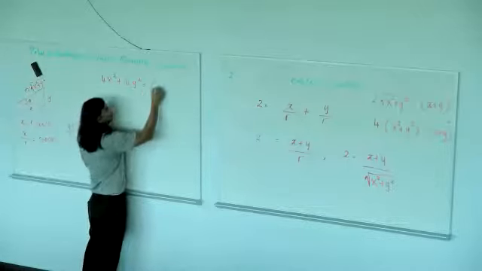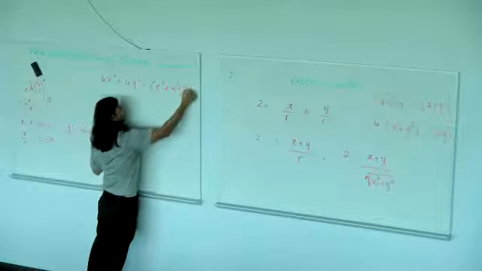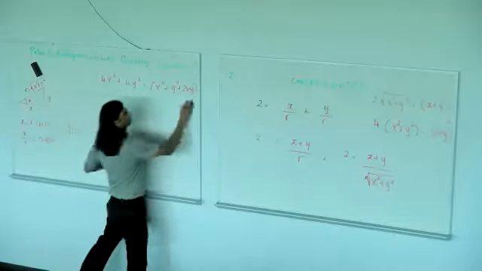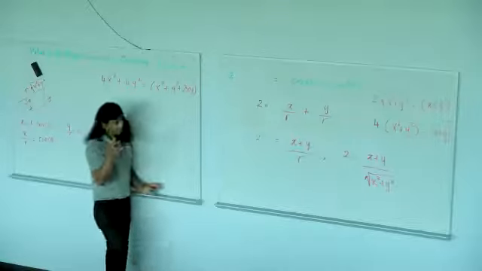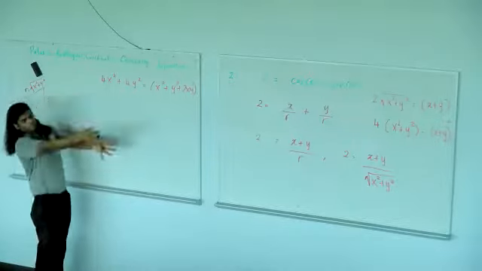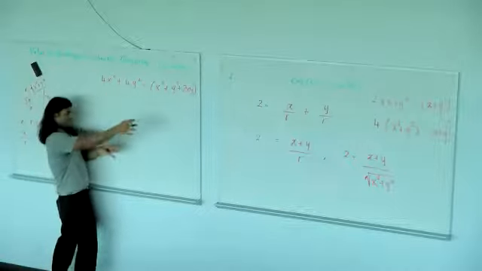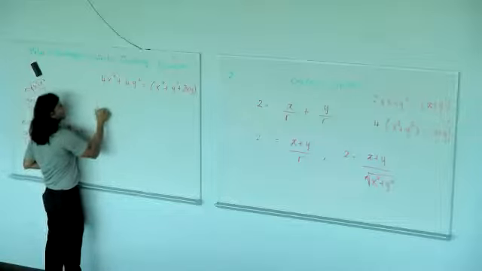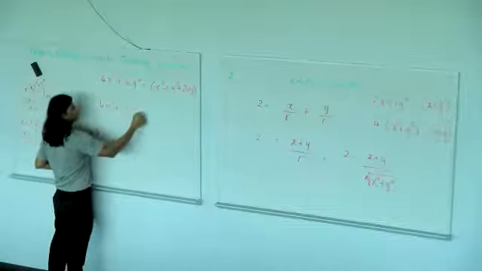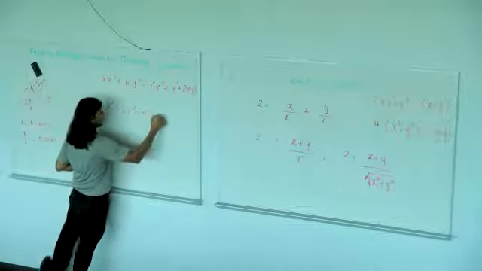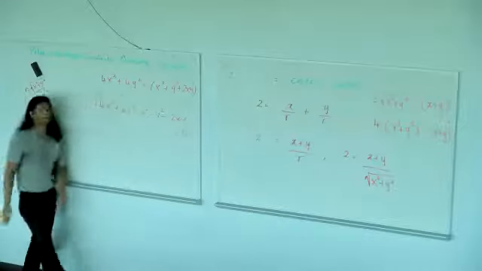x plus y squared is x squared plus y squared plus 2 times xy. All I did is 4 times x plus y squared. Move everything from the right hand side to the left hand side. 4x squared plus 4y squared minus x squared minus y squared minus 2xy equals 0.